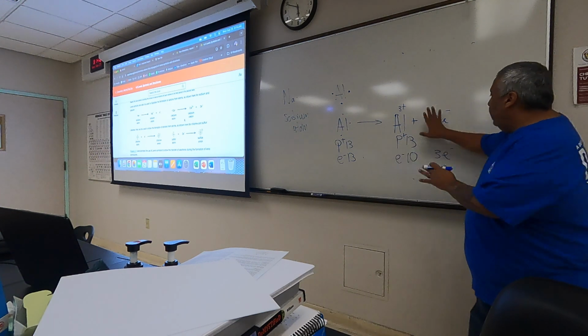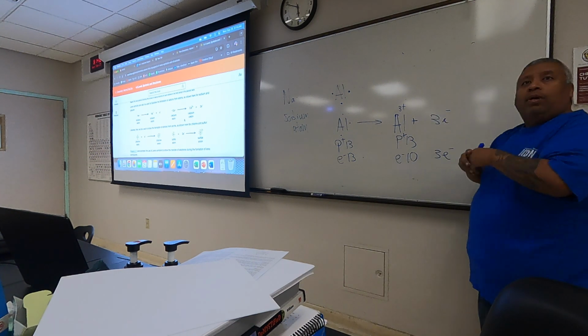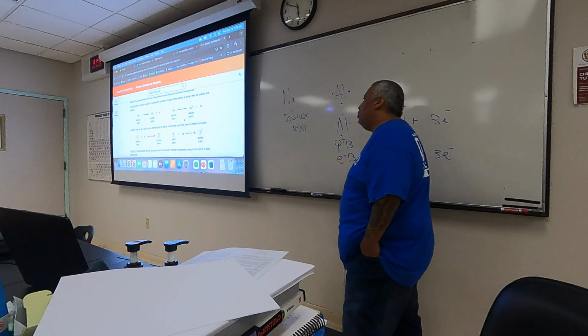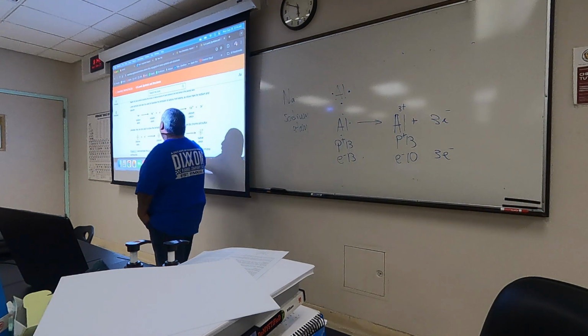Right? So we can't just have this stuff disappear. They do get shuffled around, but we still have to know that those electrons are there. And that's what these are representing.